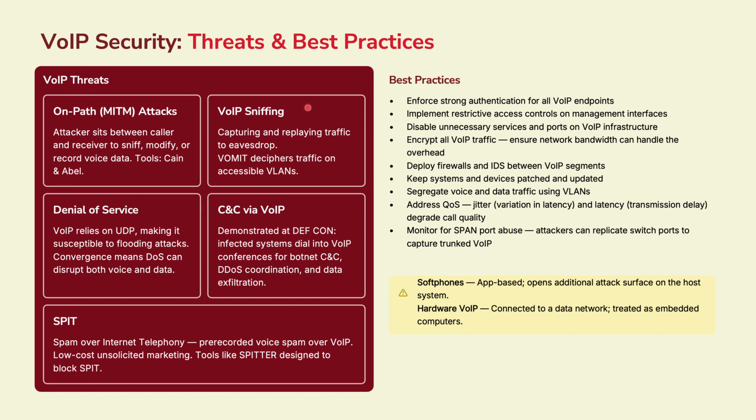Another threat is voice over IP sniffing: capturing and replaying traffic to eavesdrop. Denial of service: voice over IP relies on UDP, making it susceptible to flooding attacks. Convergence means the DoS can disrupt both voice and data.